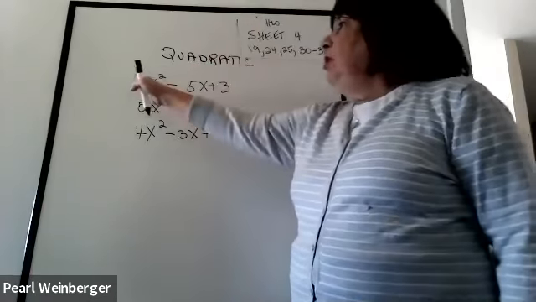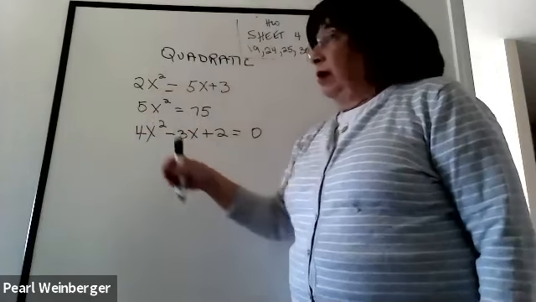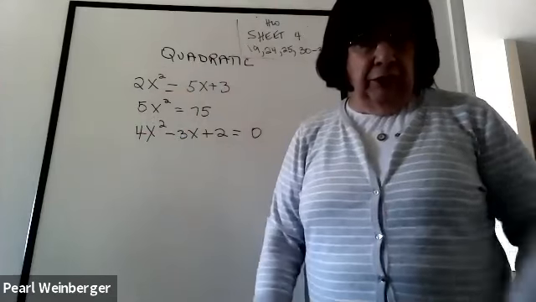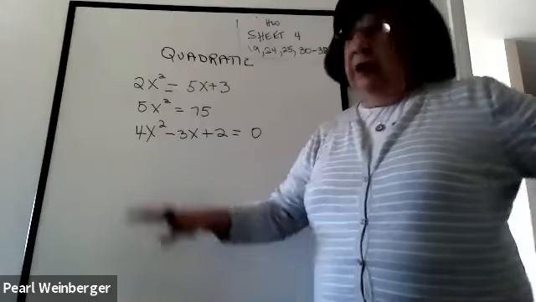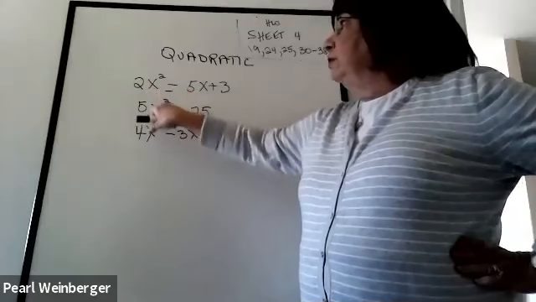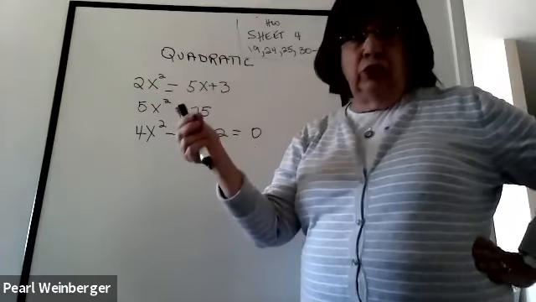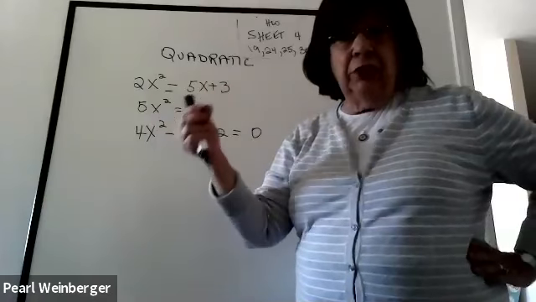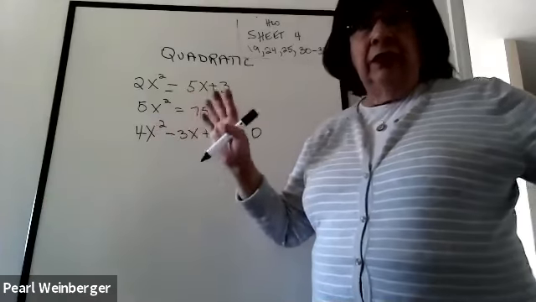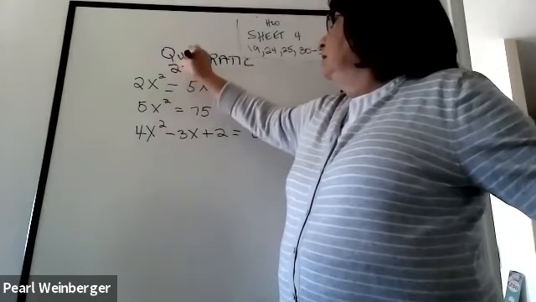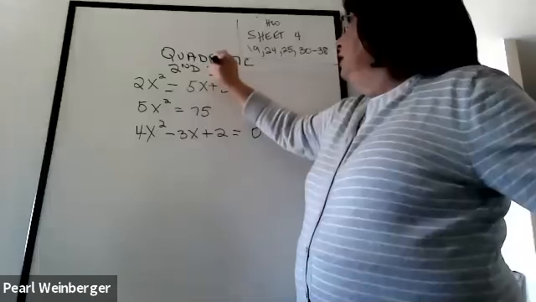And what they all have in common that we didn't have in our first type of equations that we learned to solve is the fact that they have an x squared. They have a degree 2. They have an exponent of 2 on the variable, sometimes also called second degree equations.